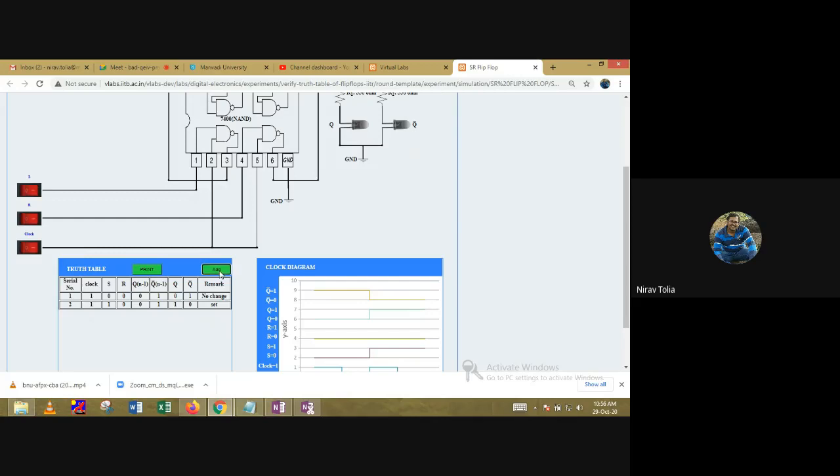Again I am giving the clock. Sorry, both are 1, 1. Then it is the invalid state. And suppose my S is 0 and R is 1. I am giving the clock and add to the table. Then it is, sorry, S is 0 and R is 1.